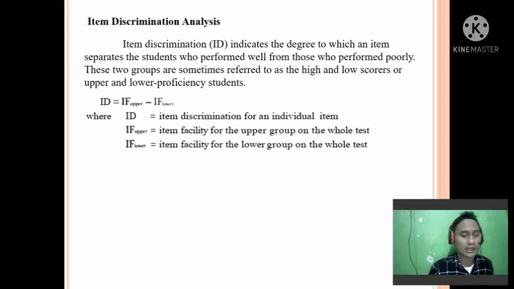The next item is discrimination, or ID. It indicates the degree to which an item separates the students who perform well from those who perform poorly.